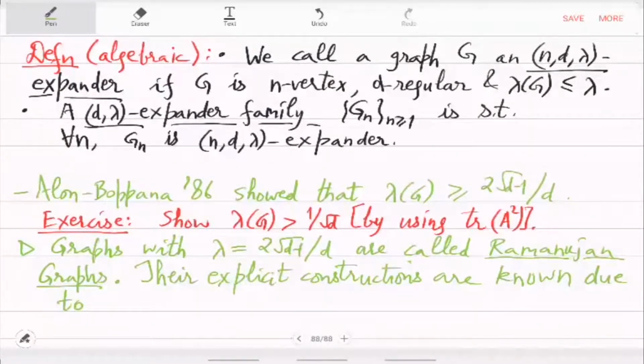So that result is due to Lubotzky, Phillips, and Sarnak.